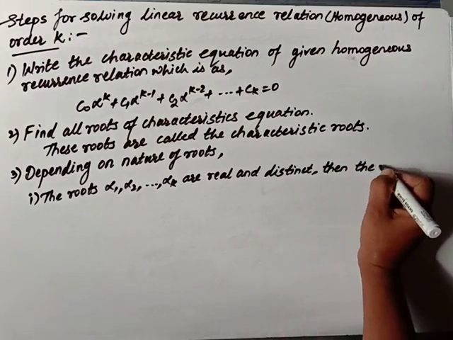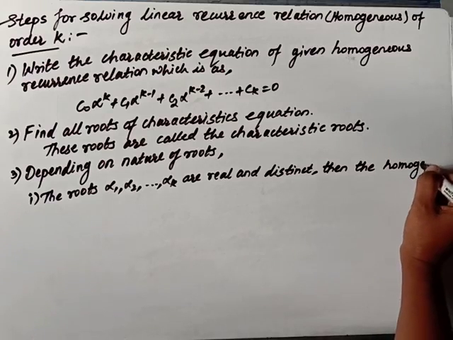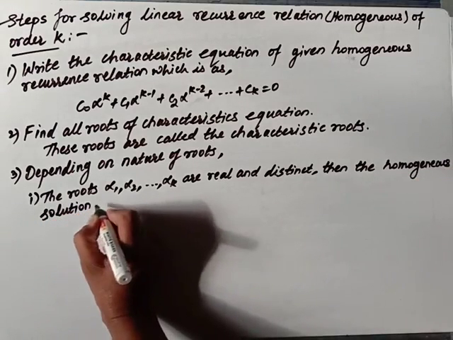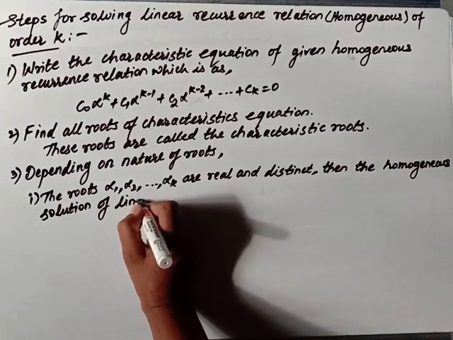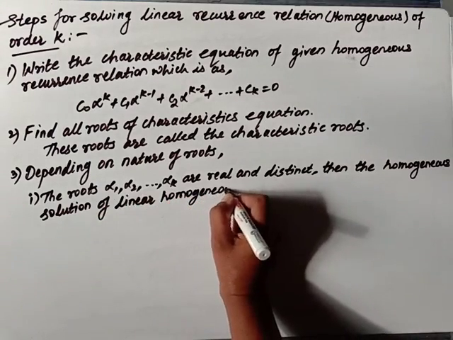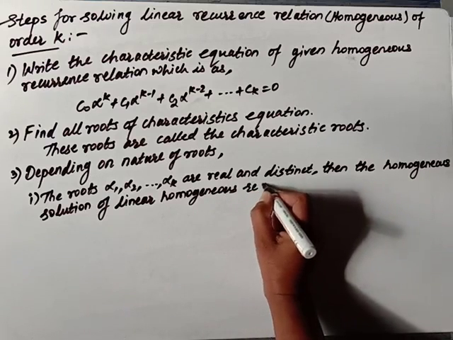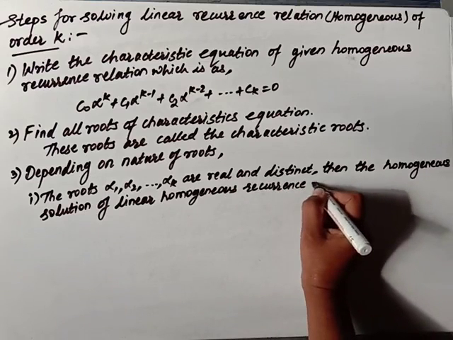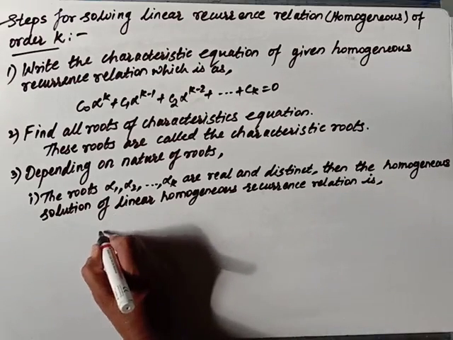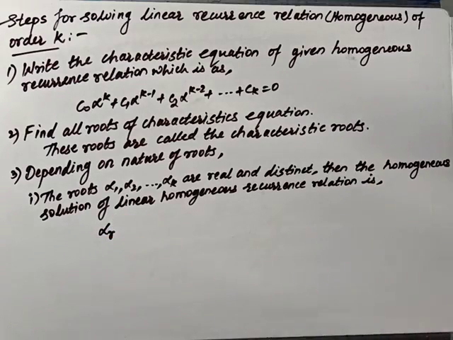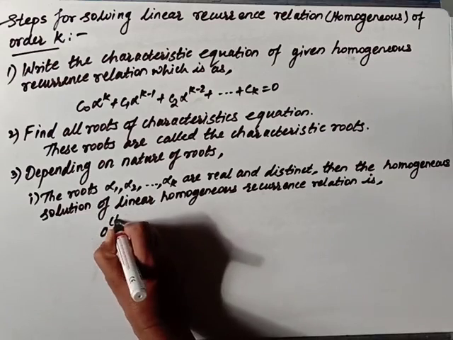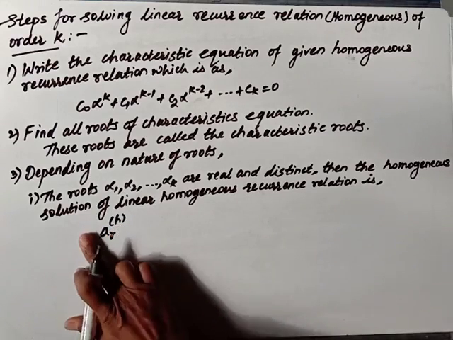Then the homogeneous solution of linear homogeneous recurrence relation is, we will write it as a_r, and here H we will write, as I said earlier, H for homogeneous.